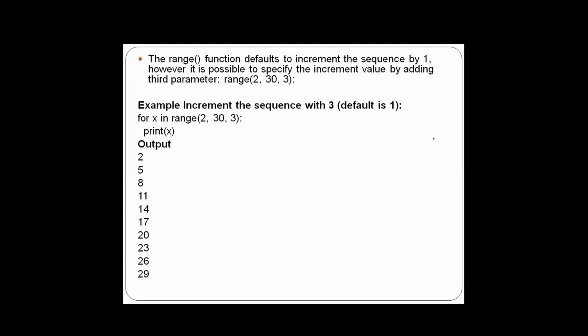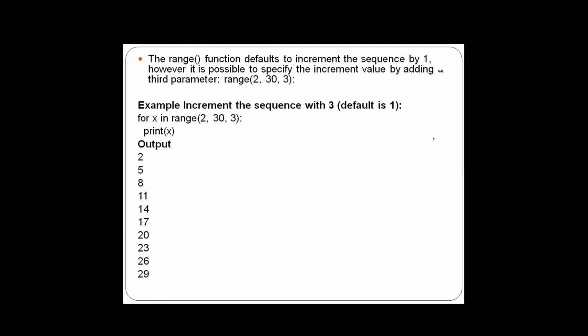If you want, you can also change your step count. So when I say for x in the range of 2, 30, 3, it starts from 2, your ending range is 30, and for each and every iteration, the value is increased by 3.